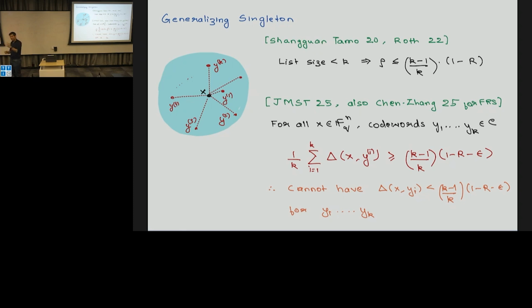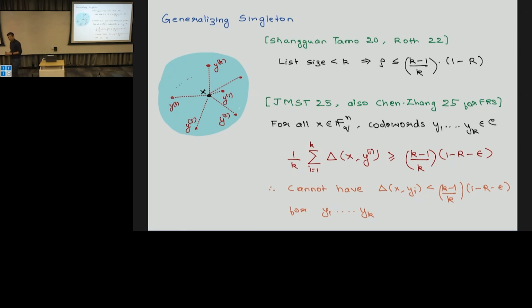This is going to be the center, and we are going to find codewords around it. Take any k codewords, and measure the average distance of these codewords from the center. This is going to be large. It's going to be something like (k minus 1) over k times (1 minus r).